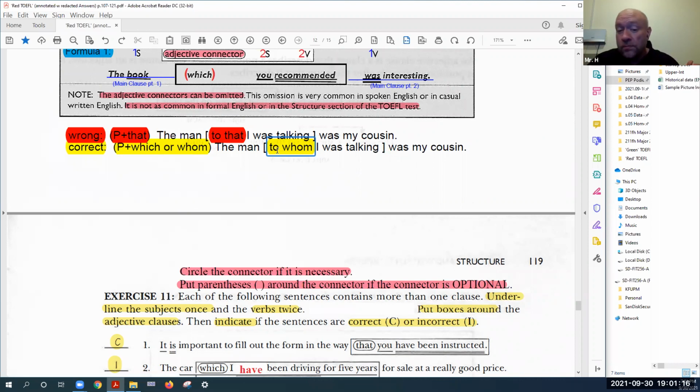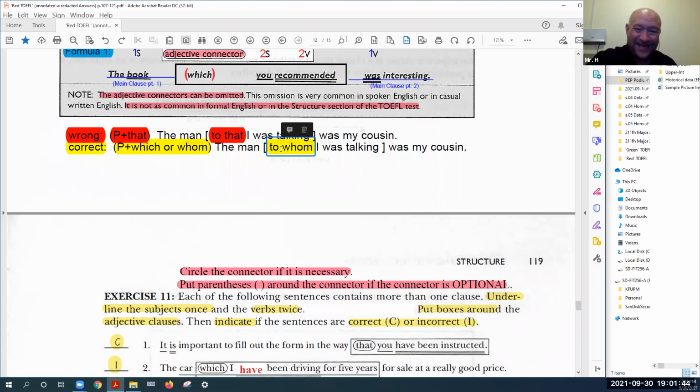To whom? We did in Headway the short questions, remember? To whom, for whom, right? I told you that's formal TOEFL English. If you say "to that," you lose marks in TOEFL. It's to whom or for whom.